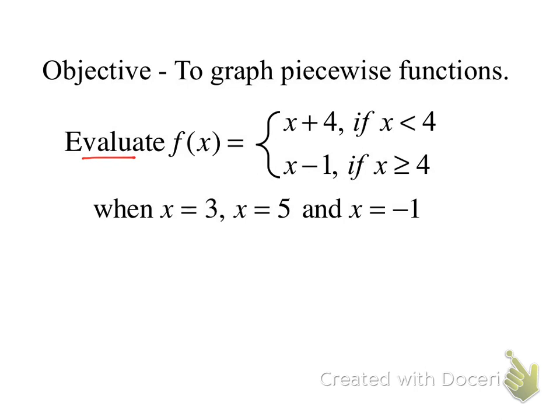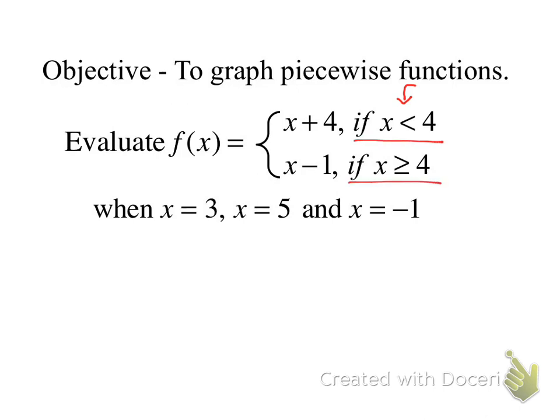So when it says evaluate, it means find the value. Now, what they're doing is they're giving us specific domains. The domain is, what is x allowed to be? So they said evaluate when x equals 3. If x equals 3, I have to look at my domains, and these are my domain restrictions.